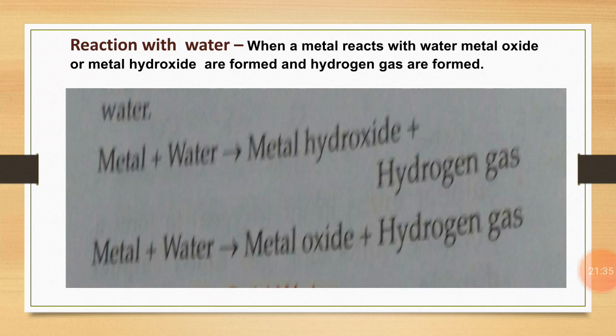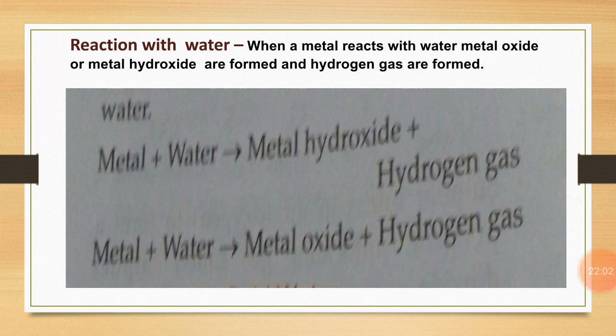We can understand it with an example. When these metals react with water, metal hydroxide is formed and hydrogen gas is released. When the metal reacts with water, metal oxide and hydrogen gas are formed. So this is the reaction of metals with water.